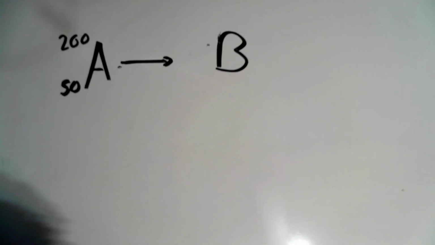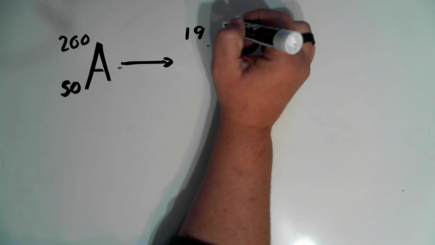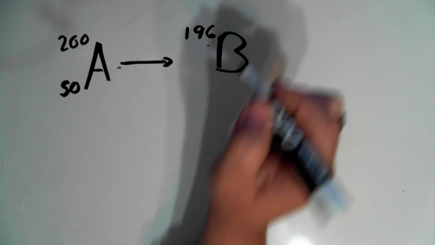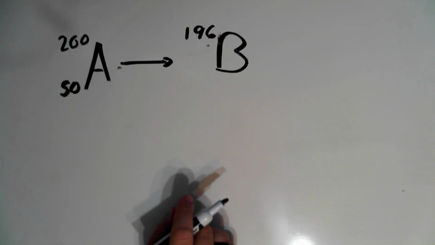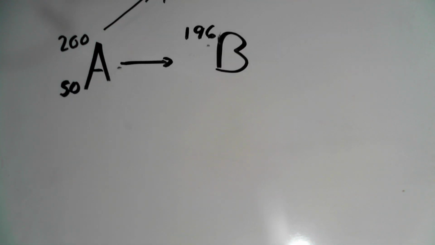So imagine that my nucleon count goes from 200 and goes down 4. So I'm left with 196 nucleons. That means that there are 4 nucleons that are kicking around somewhere.